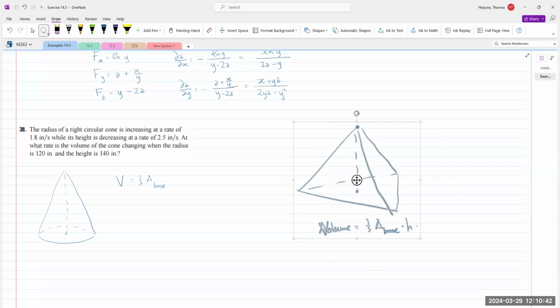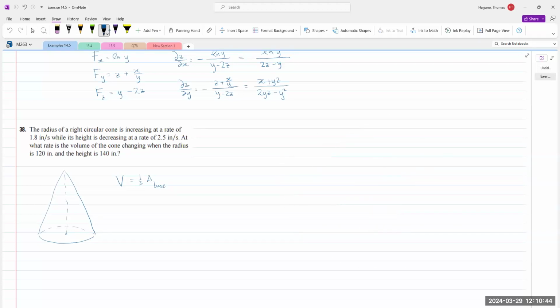So here we have 1/3 area of the base times the height. The area of the base is pi r squared times the height. Now, the thing is we have this situation.